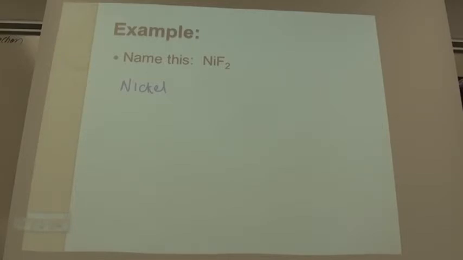Step 2, write the anion, fluoride. Step 3, uncrisscross. What goes in the middle? 2. 2 is correct. You know, somebody last period said, hey, is that the stuff we put on our teeth?